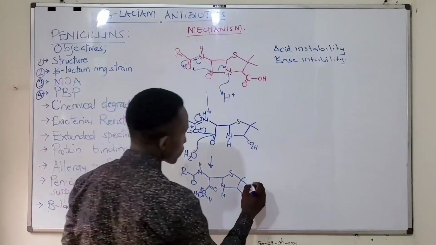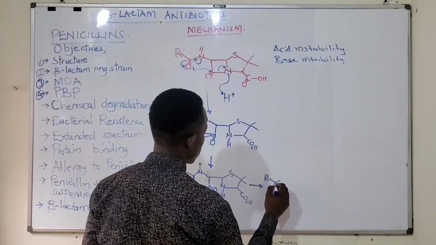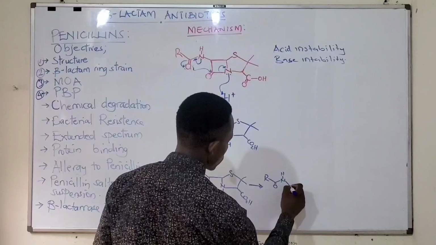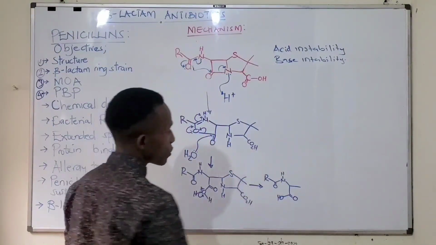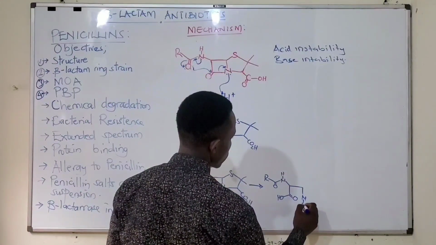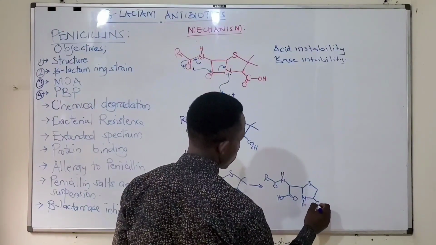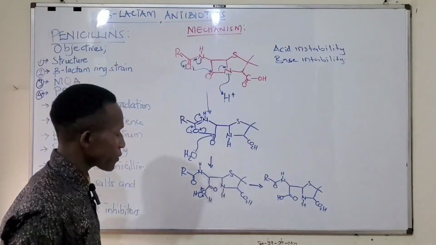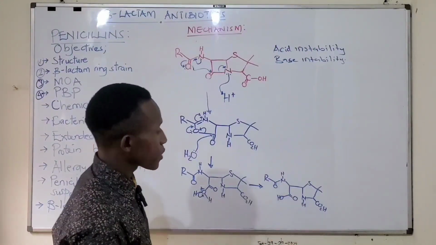So when it is lost, we shall have R and the OH group, and this nitrogen with H, meaning that this is stable. They are all stable.